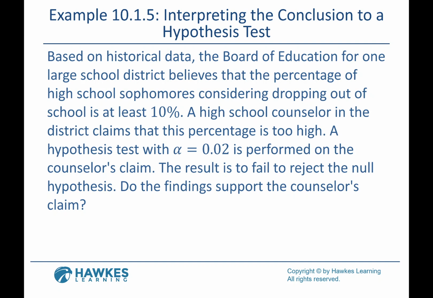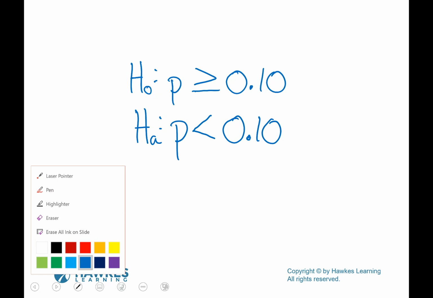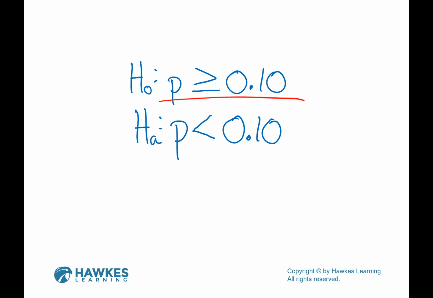Okay, so we've got our hypotheses. Now this says the result is to fail to reject the null hypothesis. So our null hypothesis here is not rejected. So does that support the counselor's claim? The counselor's claim was that the percentage was too high, or that it was less than 10%.